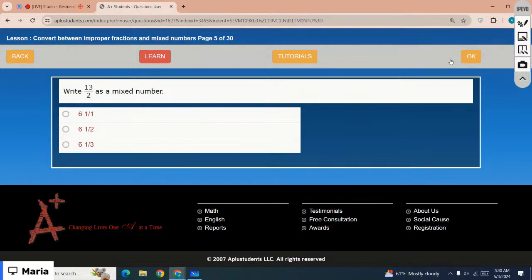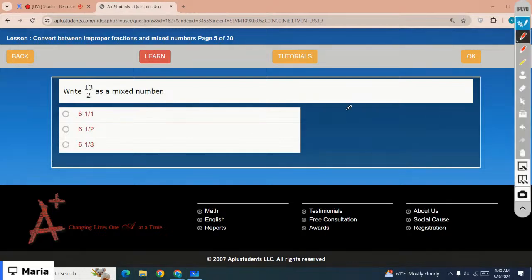Write 13 by 2 as a mixed number. Which is the correct option? When you have to write as a mixed number, you have to divide 13 by 2, right? So simply divide 13 over 2. 2 times 6 is 12, and 1, that would be 6 whole 1 over 2. The correct option is 6 whole 1 over 2.